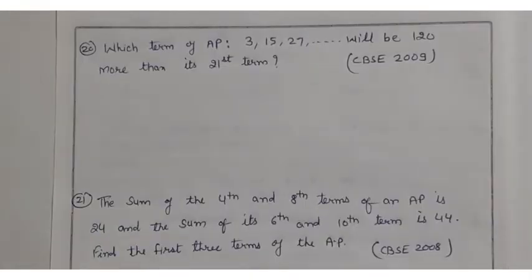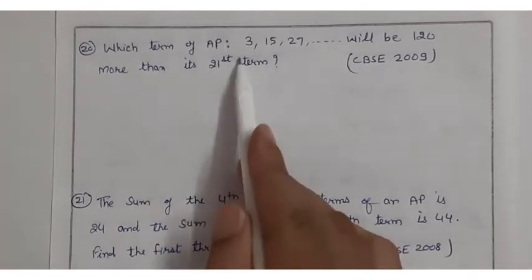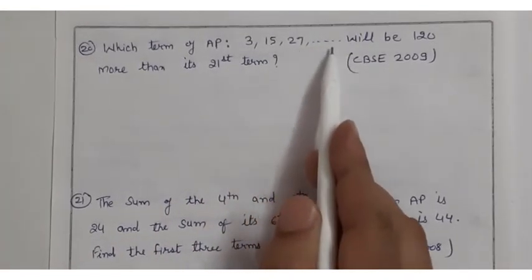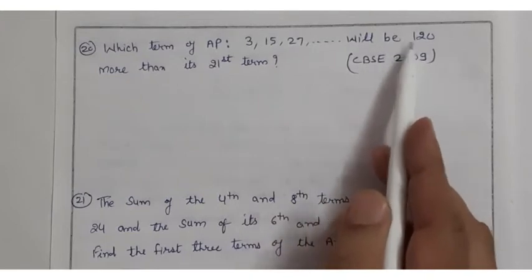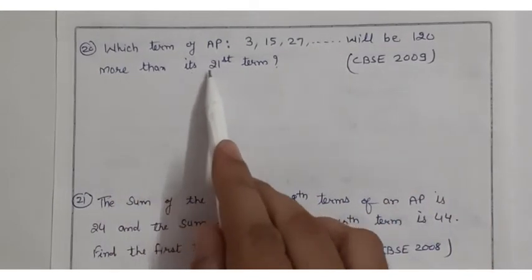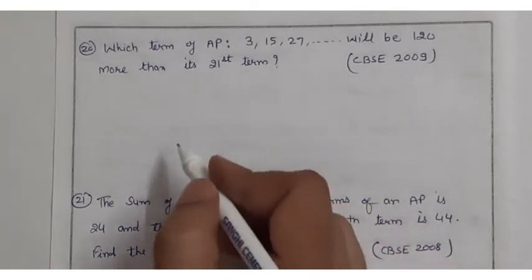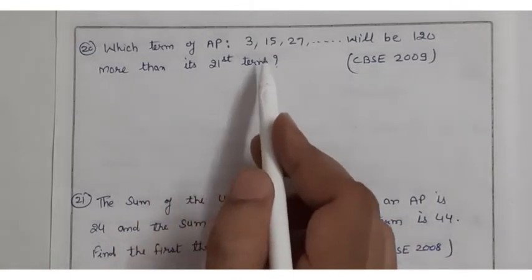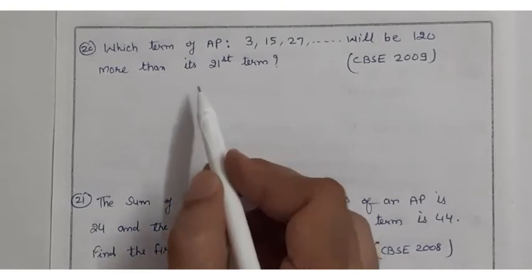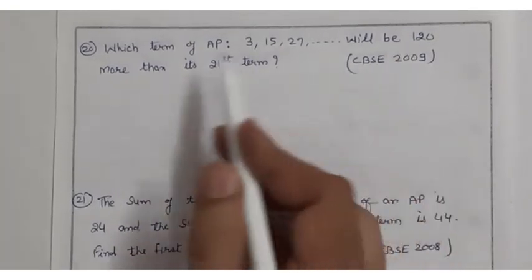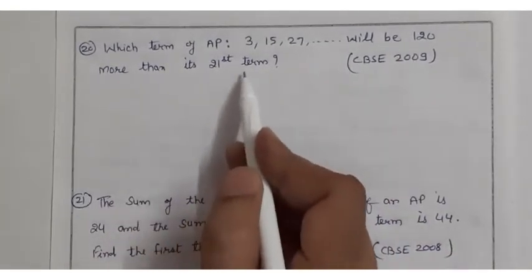Yes. The next question is, which term of AP 3, 15, 27 dash dash dash will be 120 more than its 21st term? You have to find n. Which term of the AP, you have to find an, that is 120 more than its 21st term.